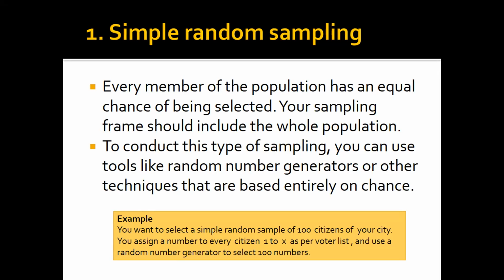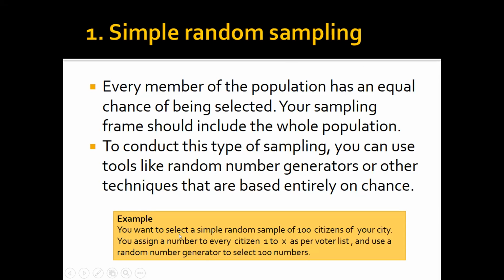If you put your sample frame into it, say 1000 numbers in the sequence in which they are in the sampling frame, the random number generator can bring out whatever number you are looking for. Out of 1000, if you want 100 samples, you can do that through a random number generator, so that all the members have an equal chance of being selected.